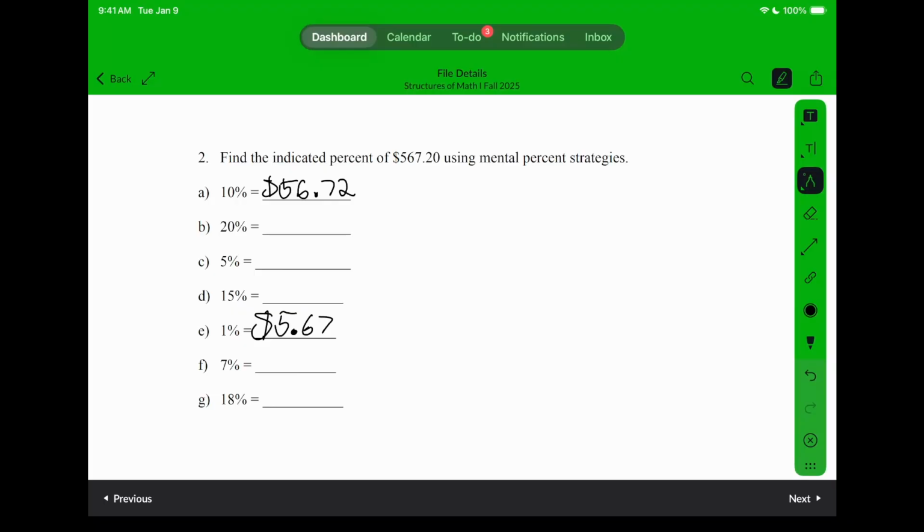From here, we can find the rest easily. So B is 20%. It'd be 10% times 2, or plus 10%. We're going to double our 10% value. So we can split this up.